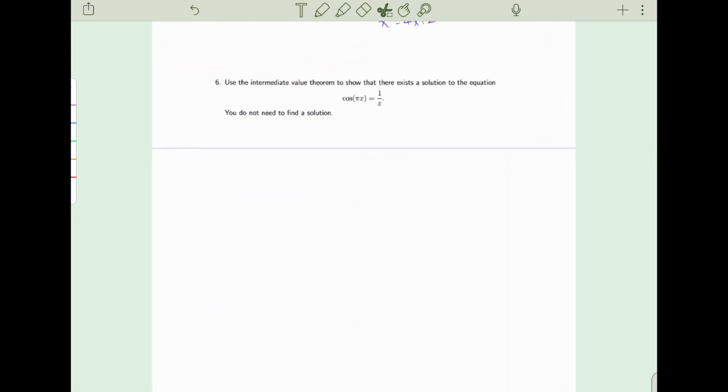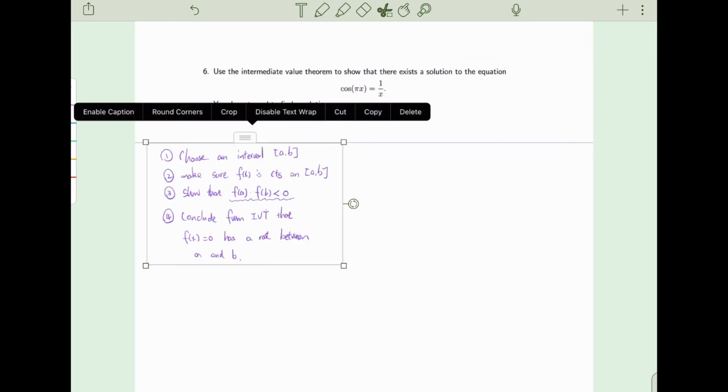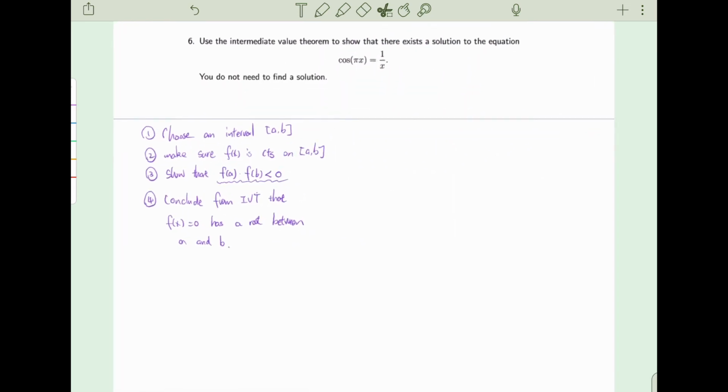And also make sure the function is continuous on that interval, and also the function is not given. You have to create the function yourself, create the interval yourself. So that's why I said this is kind of a constructive proof type of question.